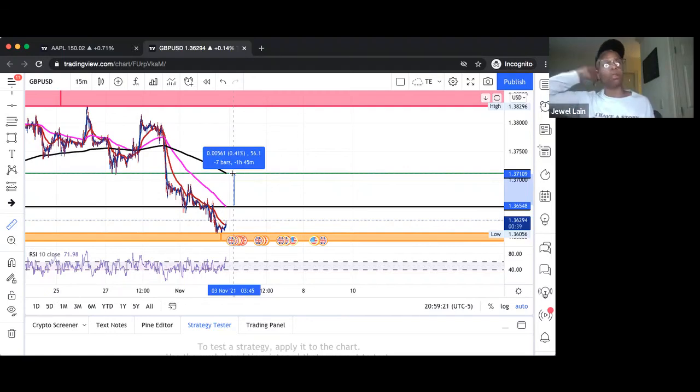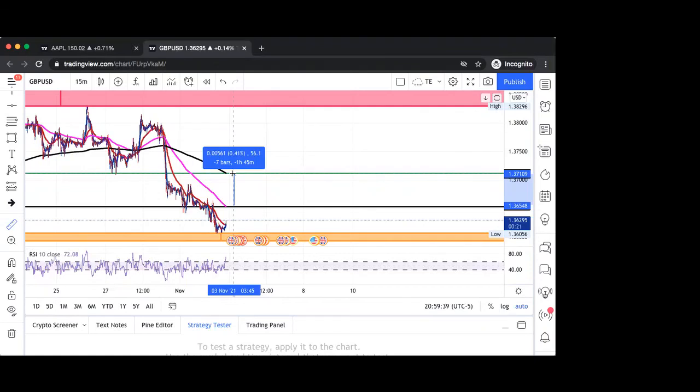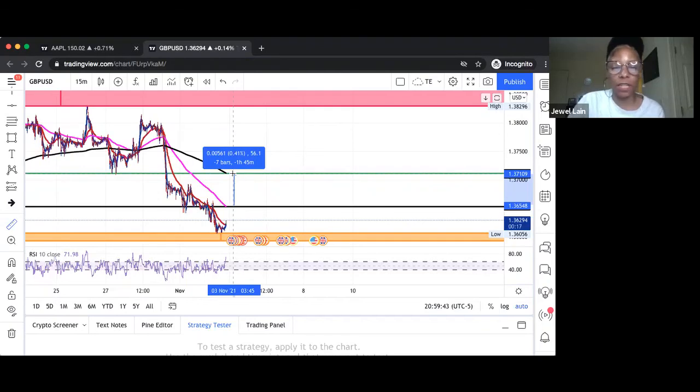Well, no, wait. I got my math all off. But you get that. Y'all get the point of what I'm trying to say. I was thinking about 50 cents and $5. But if you do 10 cents, of course, if you go for 50 pips, that's $5. Because of course your lot size is going to be different. So what you have to understand is this is a 50 pip zone. From here to here is 50 pips.